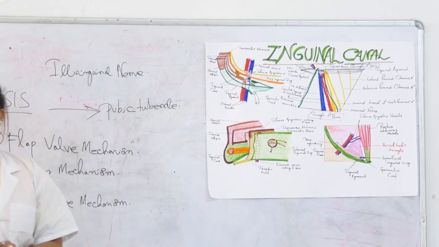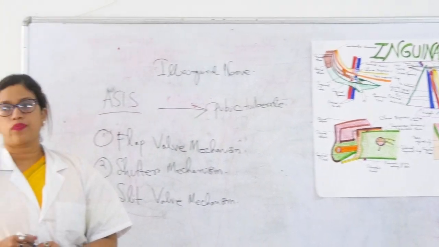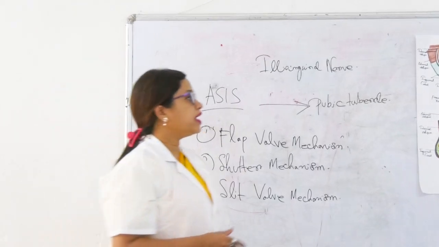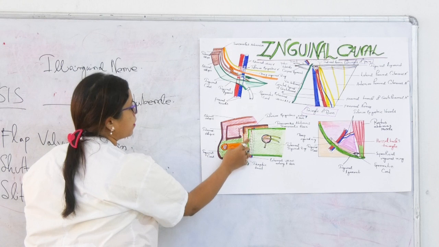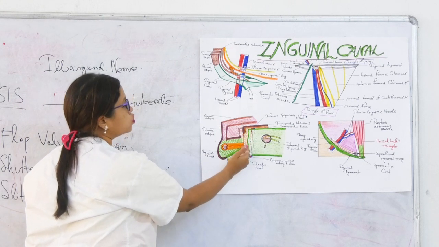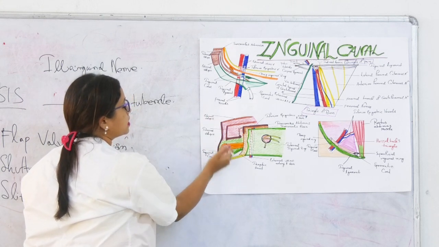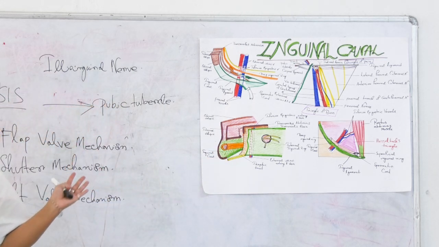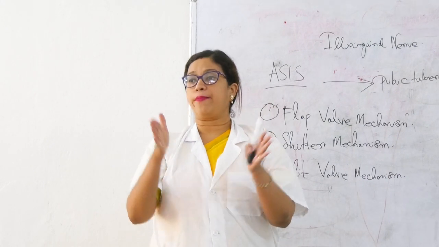So tell me which are the muscles present towards it? So internal oblique and transversus abdominis are present towards the deep one, and the external oblique is present towards the superficial side. So this is acting as a flap.